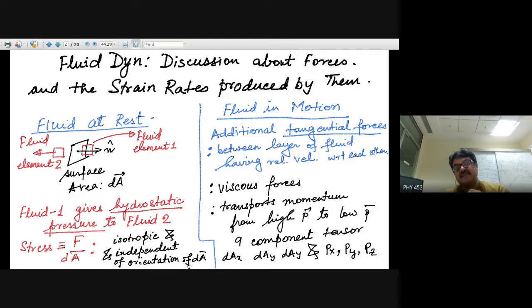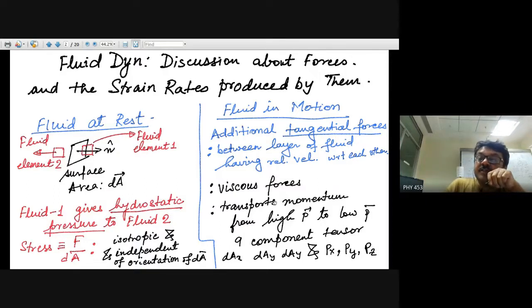It's a small element located at any point, and it can be oriented in any direction. As long as the fluid is at rest, there's the same fluid force acting across a surface area, which we call the hydrostatic pressure.